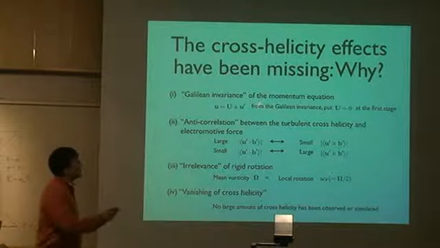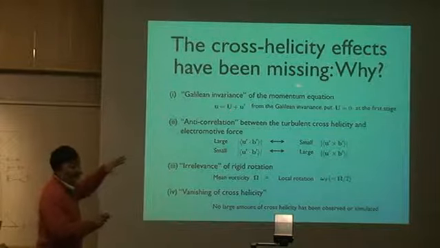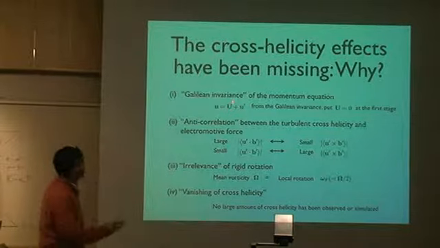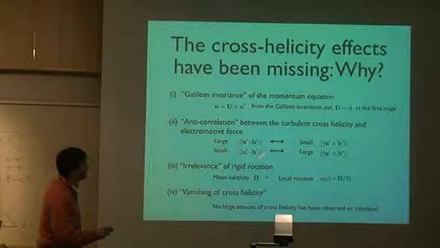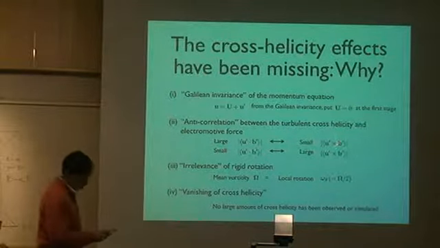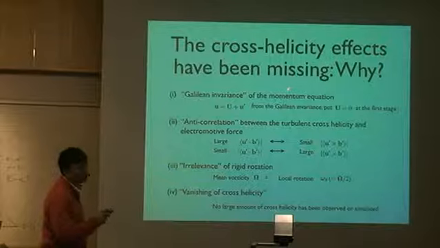So cross helicity will never appear. Another argument is that the electromotive force is defined by this, and cross helicity is a cosine of U and B. So in the case of a large electromotive force, we may have a small cross helicity, so the cross helicity effect is not relevant.